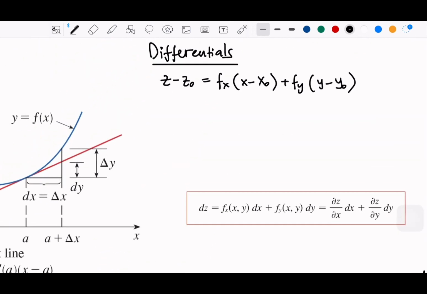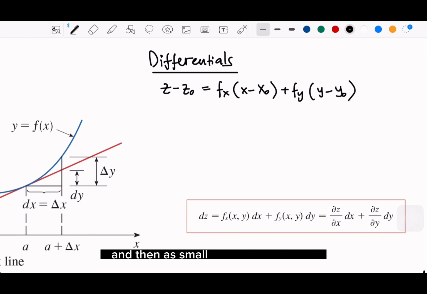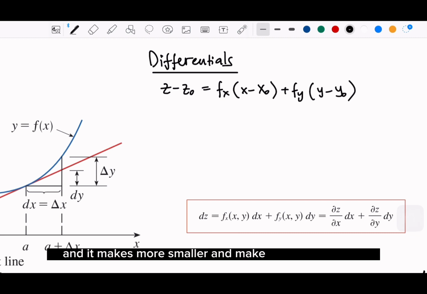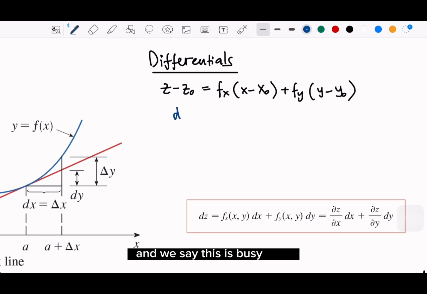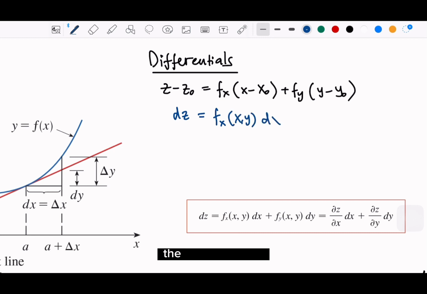As z minus z0 gets smaller and smaller, this is a delta, and then we make it into small segments and we say this is a dz. So dz is partial f over partial x at that point (x, y) times dx, plus partial f over partial y at that point times dy. Okay.